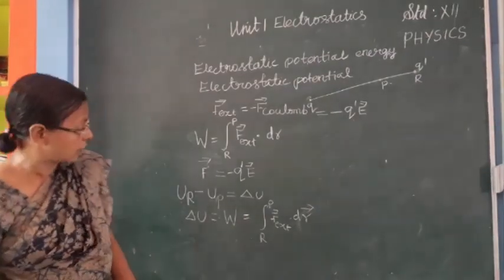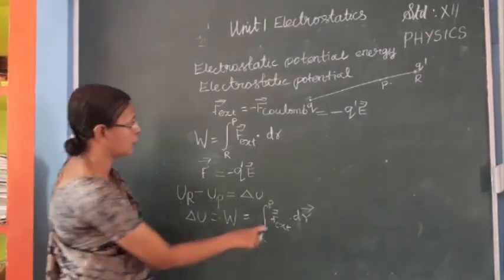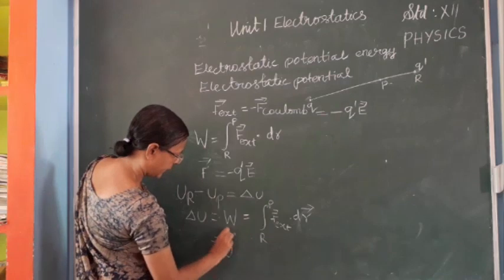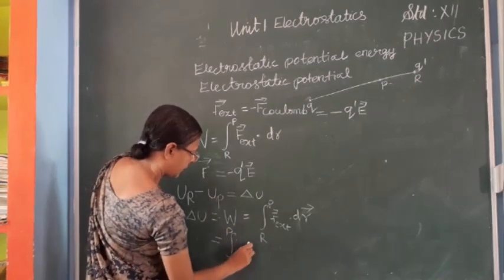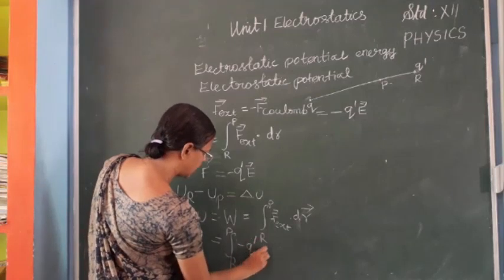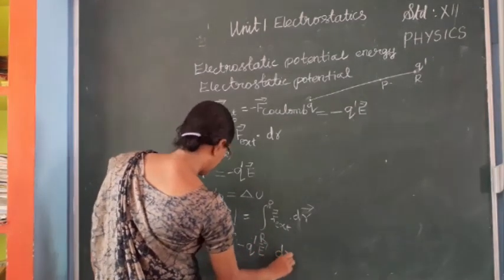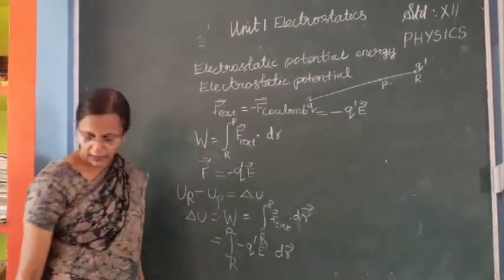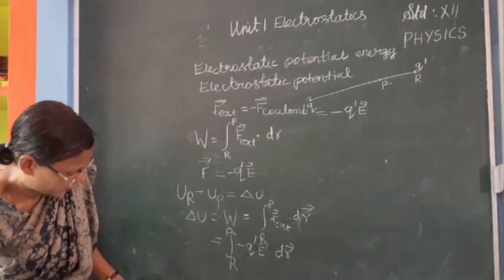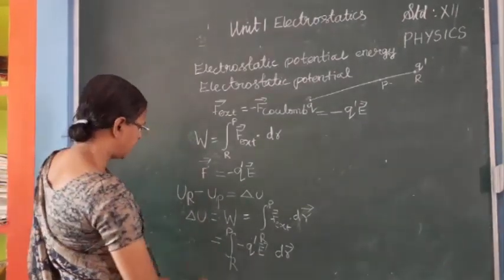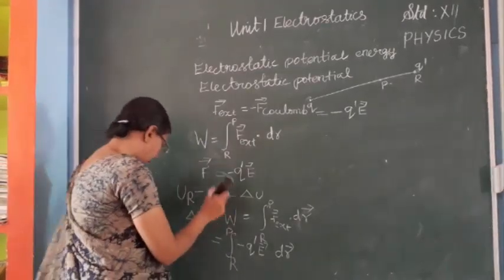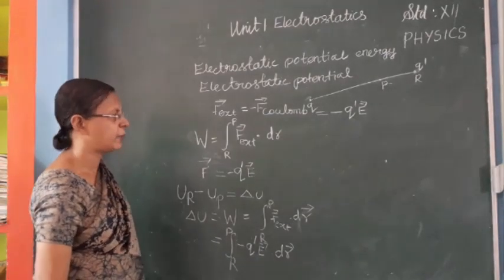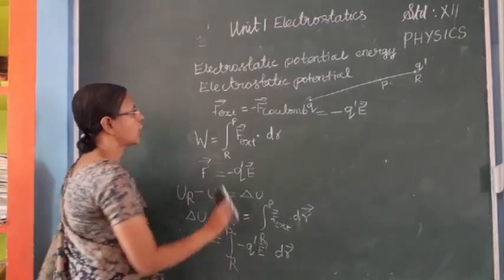Substituting, del U is the integral from R to P of minus Q dash E vector dot dr vector. Here the potential energy difference is UP minus UR, or del U. We can write the potential energy difference per unit charge.